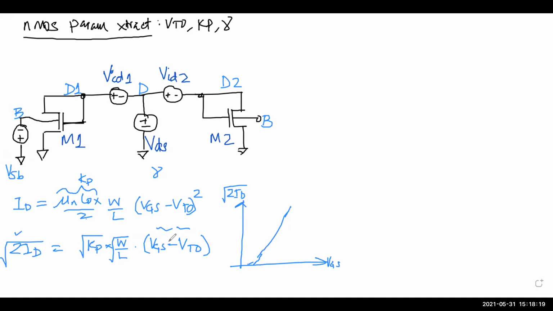Because it's VGS minus VT0, when ID equals 0, this intercept will be equal to VT0.